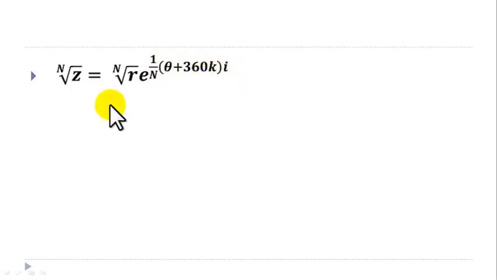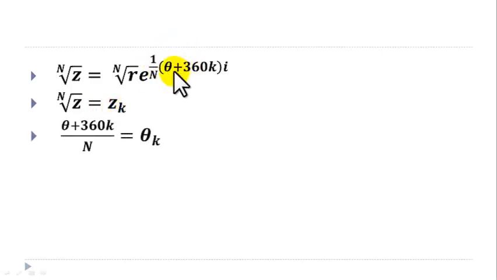Now let the nth root of z equal zk, and 1 all over n into theta plus 360k equal theta k. So therefore zk, which is our nth root of z, is equal to nth root of r exponent I theta k.